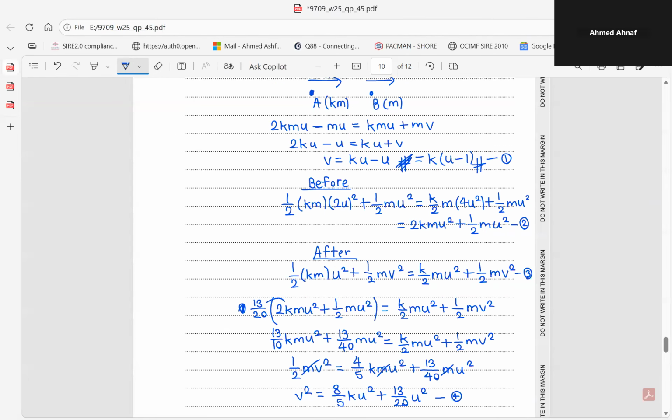Okay, sorry everyone. I made a small error in factorizing this. So this is supposed to be u times k minus 1.